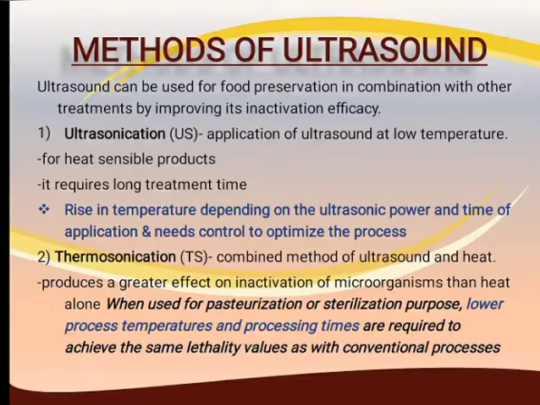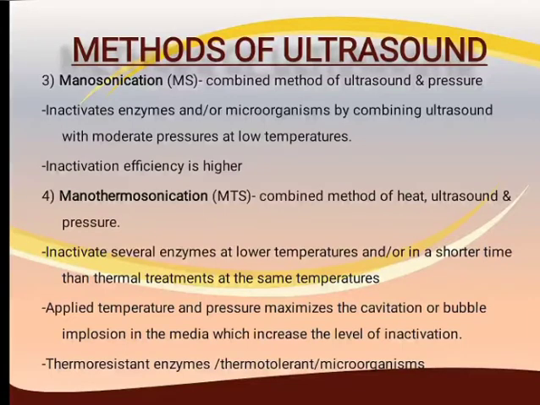Methods of ultrasound continued. Third one is manosonication. Combined method of ultrasound and pressure. It inactivates enzymes and or microorganisms by combining ultrasound with moderate pressure at low temperature. Its inactivation efficiency is higher. And manothermosonication, a combined method of heat, ultrasound, and pressure, all three.